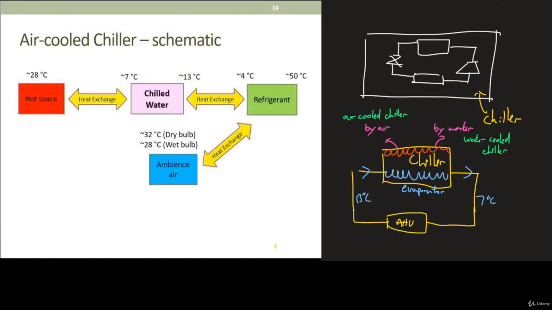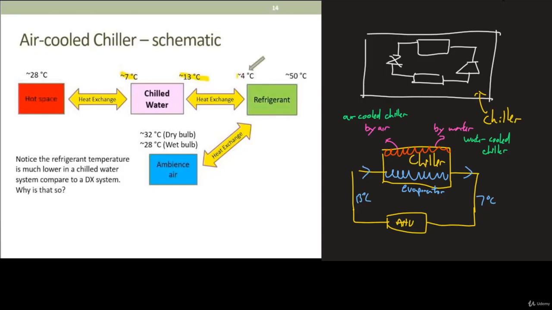If you look at the temperature reference, you will notice that now there's this additional chilled water loop. So you use 7 degrees Celsius water to go and cool down the space, cool down your air, and your refrigerant will have to be at an even lower temperature.